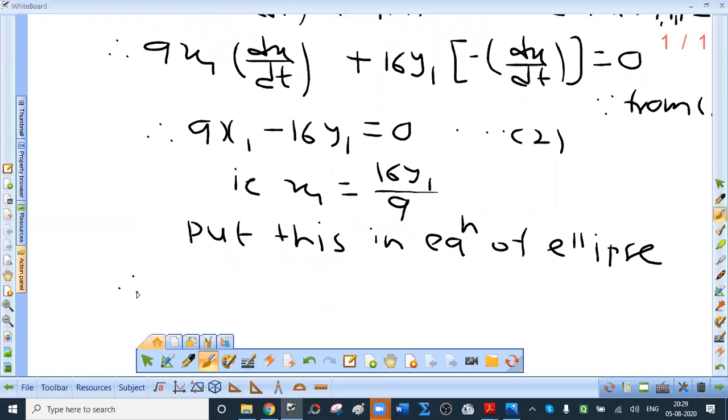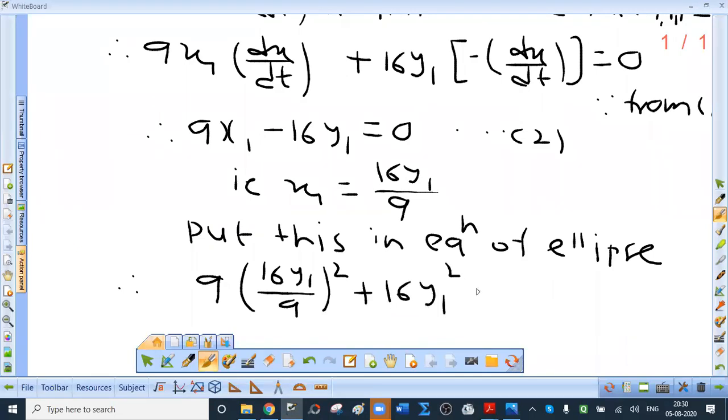Therefore, I can say 9 times x1 square, which is 16y1 upon 9 bracket square, plus 16y1 square equal to 400. I hope you are getting this. This is not at all difficult.